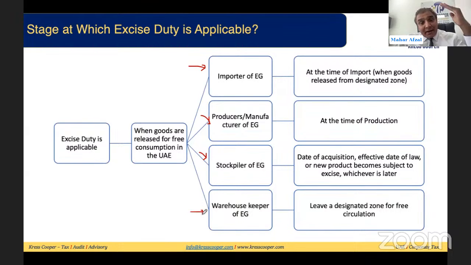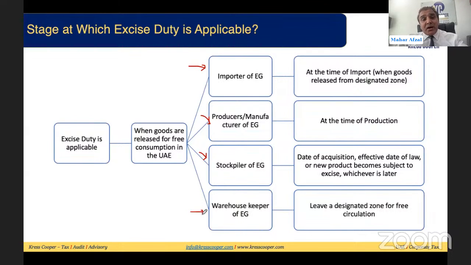Whenever the goods are being cleared at the time of import, they need to account for the excise duty, and they can pay later on. Whenever goods are being imported and clearing through customs, they need to account for the excise duty by submitting declarations. They need to fill in the declaration, then the goods will be cleared.